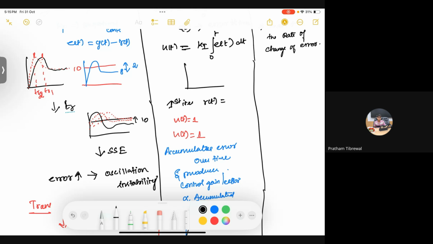Because of this, you can first improve the damping, which indirectly improves the transient response. It brings down the overshoot, just opposite of integral, whatever you learned there. And it decreases the settling time, whereas integral creates a slower response, so this gives a faster response.